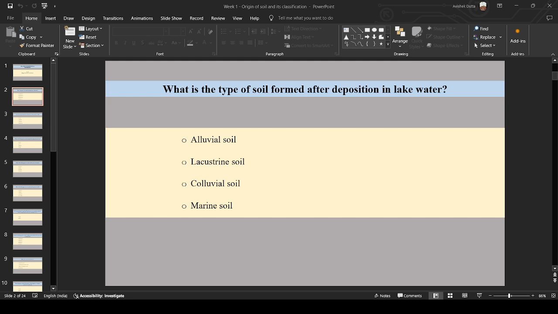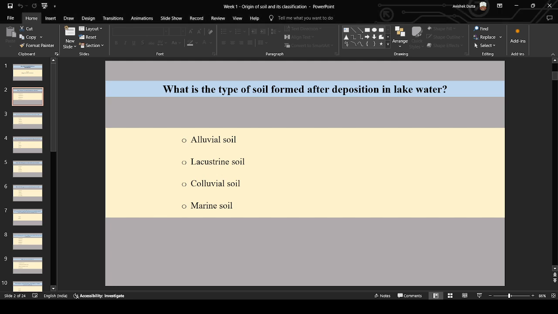There is no worry, you can write down the question. I'll dictate it again. The first question is, what is the type of soil formed after deposition in lake water? I've already mentioned to the people who joined earlier to write down the questions first, then I'll give you some time, 10-15 minutes.